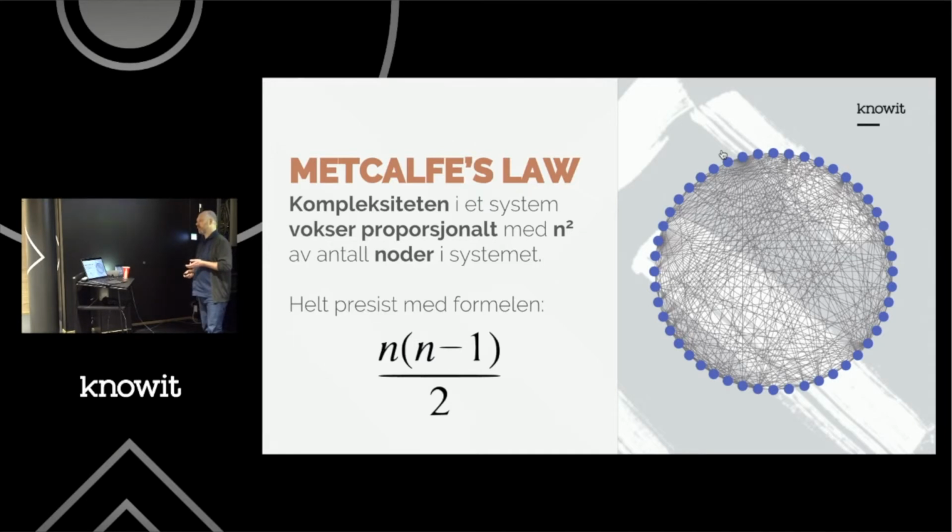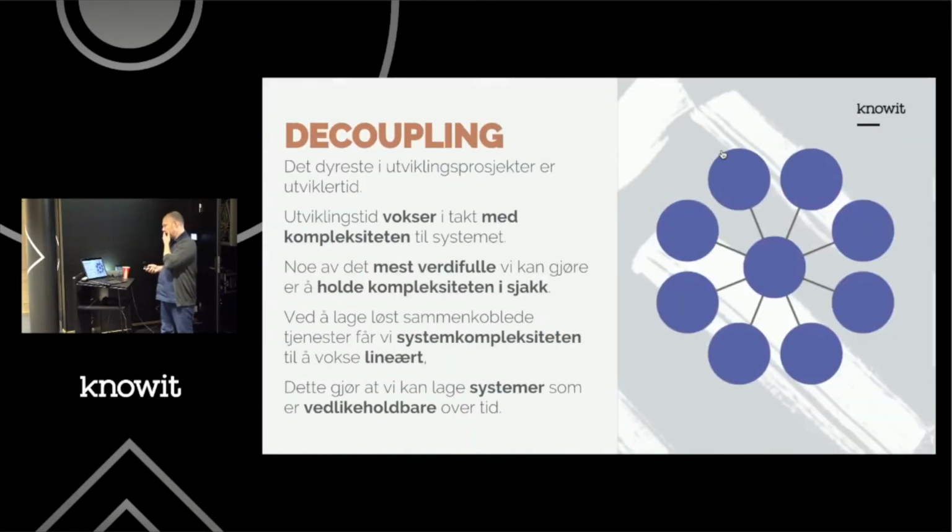So one of the patterns you can use to achieve this is to establish a central node. And by establishing a central node, you get a linear growth in complexity.